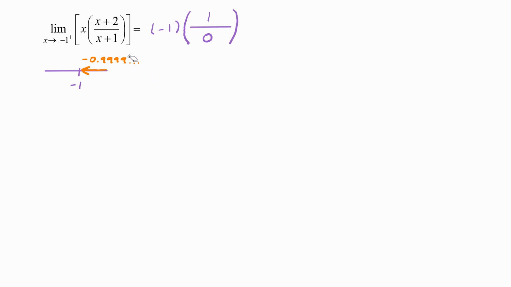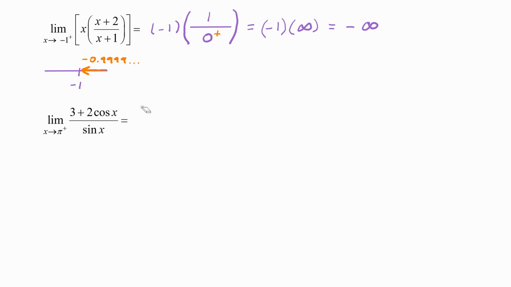Now when we take that, plug it in for x, and add 1, that means that we are going to get a tiny little positive number. Then this is going to equal -1 times positive infinity, which is equal to negative infinity.